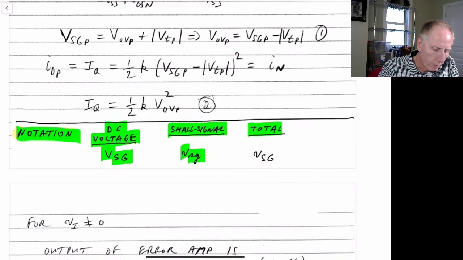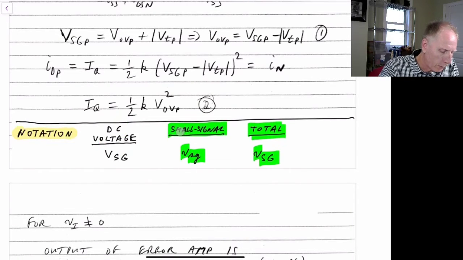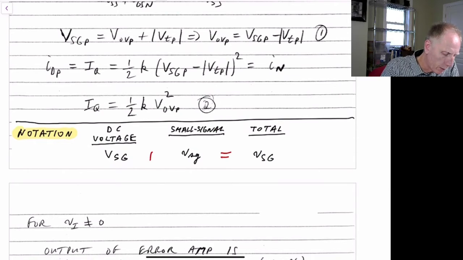For the total voltage, it'll be the small letter v with the subscript capital S, capital G. So the total is equal to just the bias voltage plus the small signal part on top of it. So v sub SG, which is the total voltage, is the small signal plus the bias voltage.